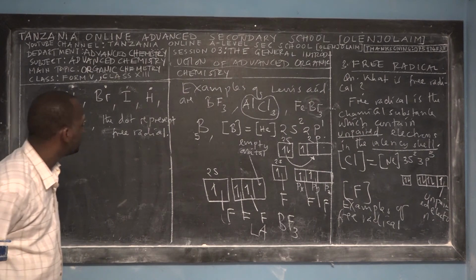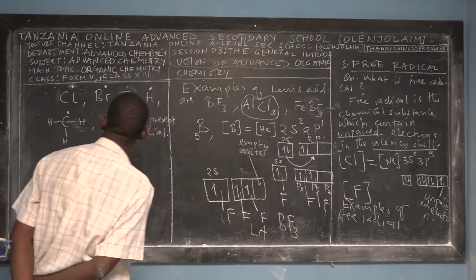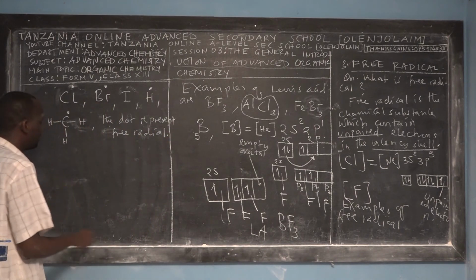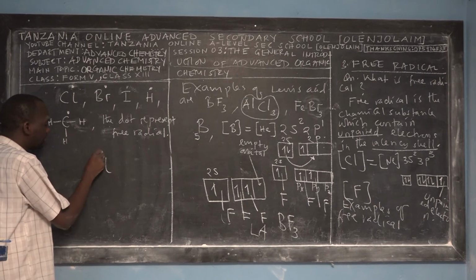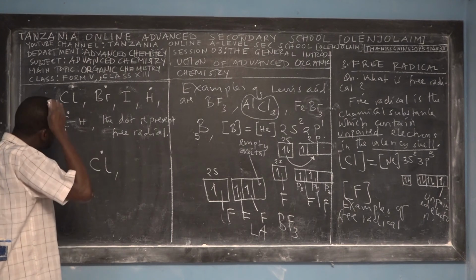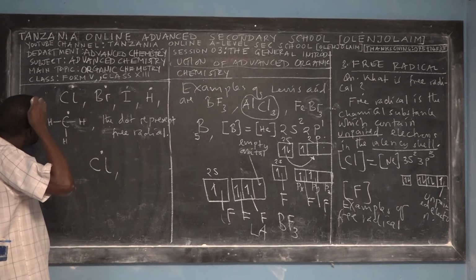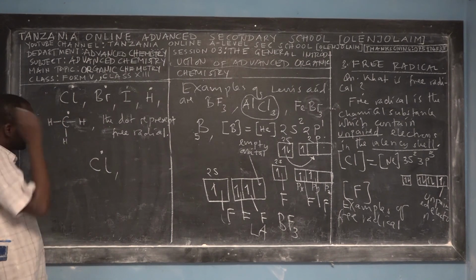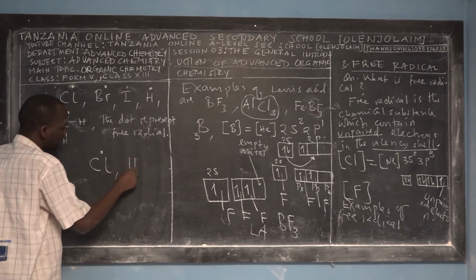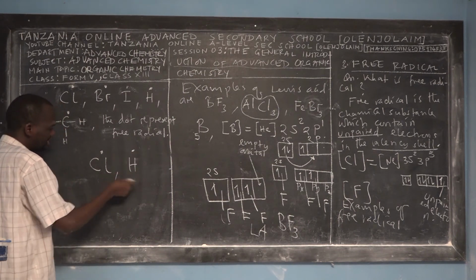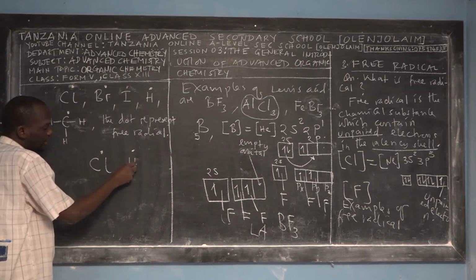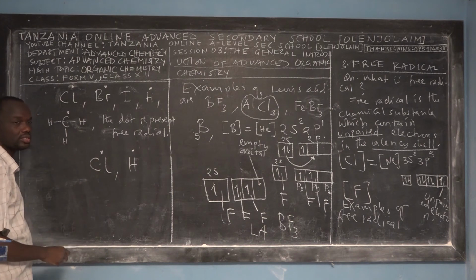Okay, so I think the main points are what I've mentioned here. Those are the examples. Once you see something written with a dot, for example hydrogen and then a dot, this is a free radical.